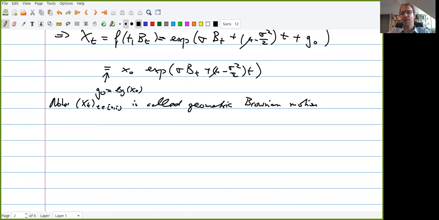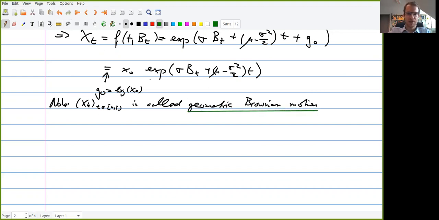And in mathematical finance it is also called the Black-Scholes model, because this is the process modeling the price evolution in the model used by Black-Scholes.